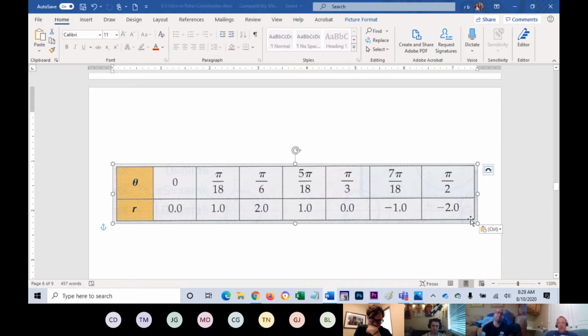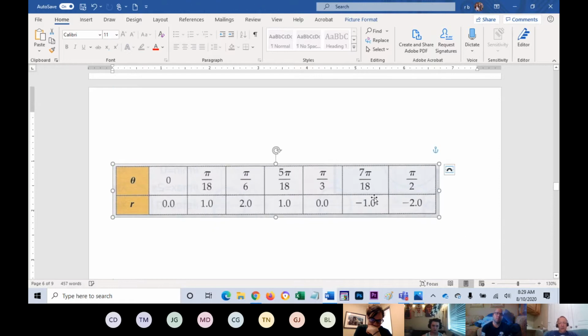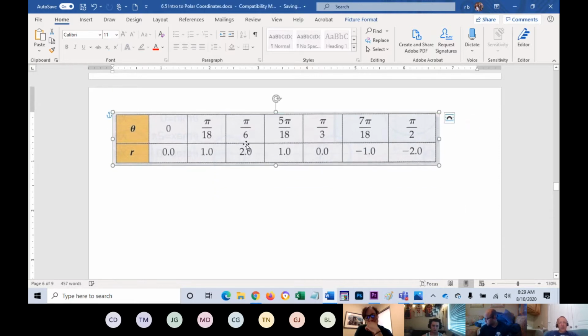So this is the table that they used here for this graph. When theta is 0, you've got 0. When you have pi 6, you're going to have your r as 2. When you have pi thirds, you're going to be back to 0.